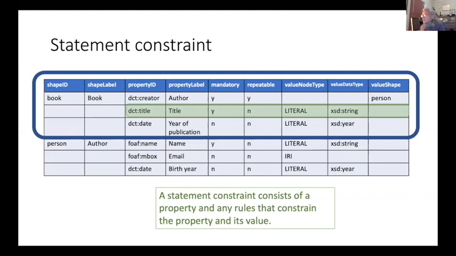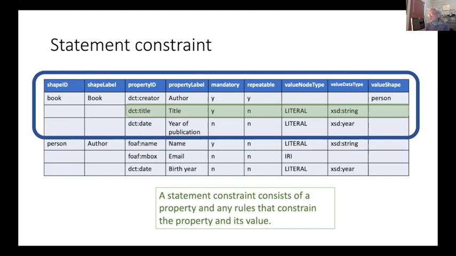The property ID and all of the constraints in the remainder of the table we've been calling a statement constraint. And this was part of our effort to not confuse between this TAP level, which is that level 1 that I showed you, and the actual application profile or the instance data. So we've developed some definitions of terms to help us keep those straight.